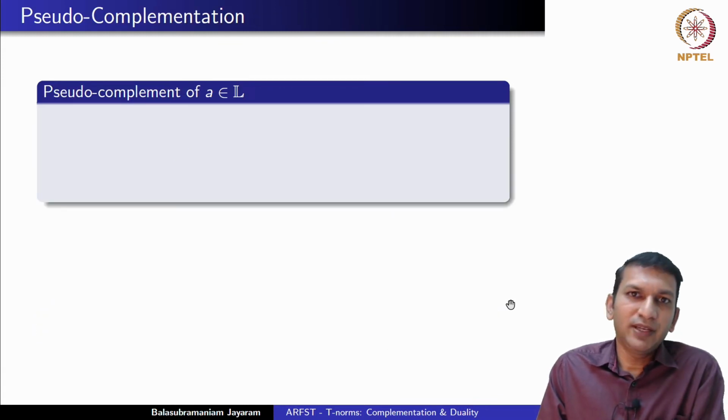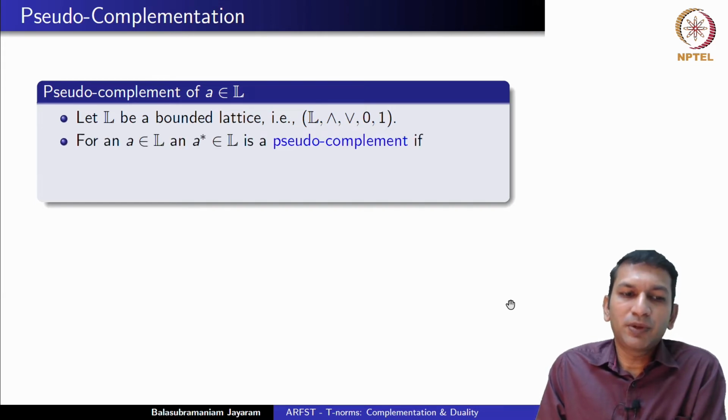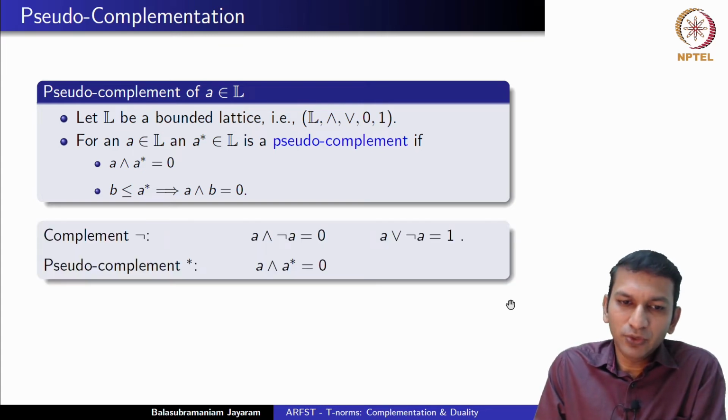Once again, we need a bounded lattice L. We say an element A star is a pseudo-complement of A if these two properties are valid. When you compare the complement to the pseudo-complement, we see the pseudo-complement satisfies the first of the two conditions that you expect of a complement.